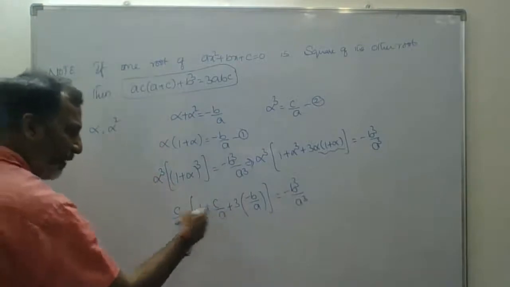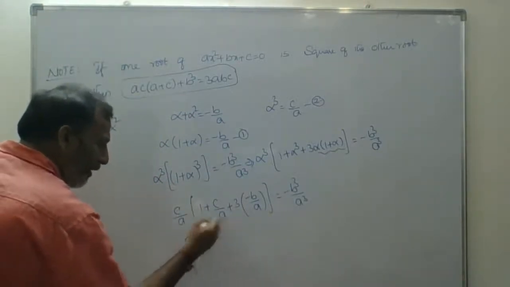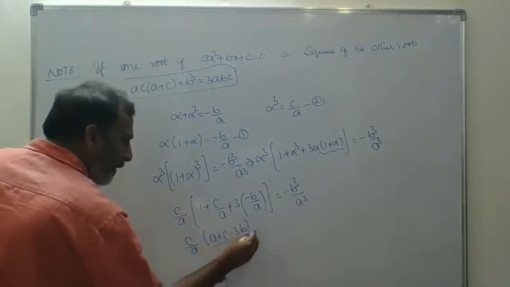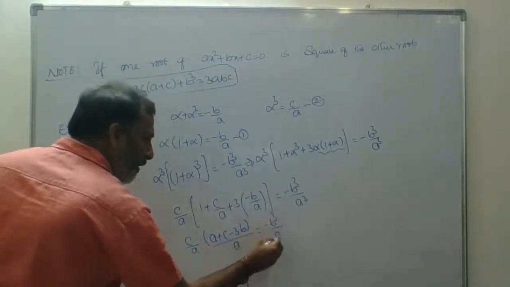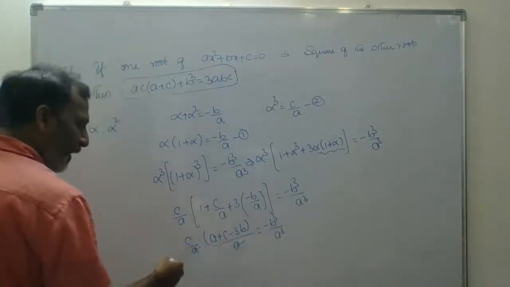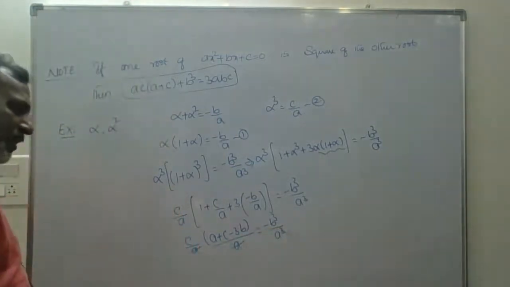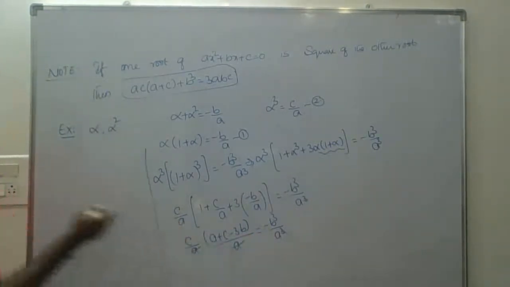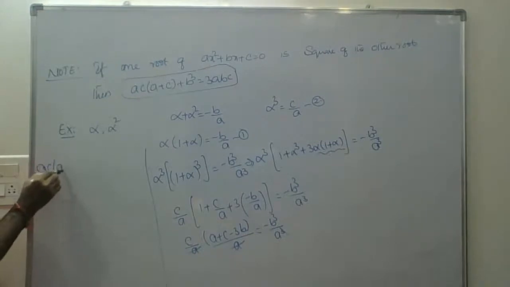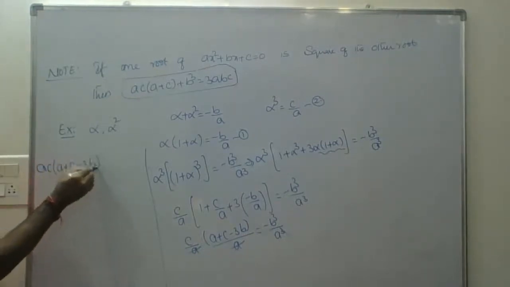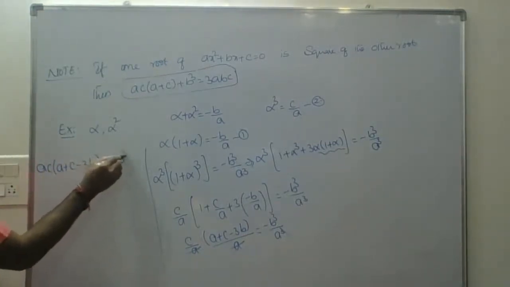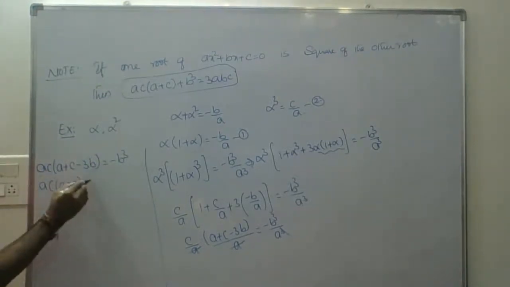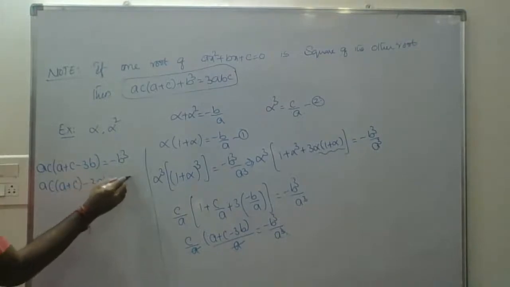Here let's take the LCM. c by a into (a plus c minus 3b) by a is equal to minus b cube by a cube. Here a into a square cancels. Cross multiply with a. Then ac into (a plus c minus 3b) is minus b cube. So ac into (a plus c) minus 3abc is minus b cube.